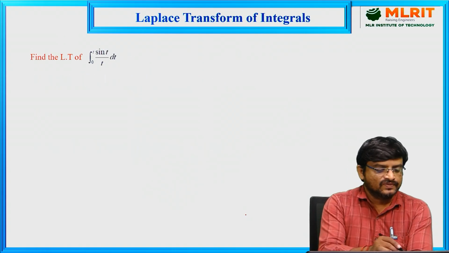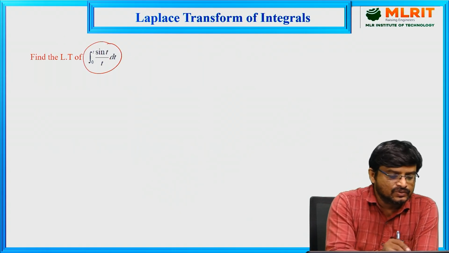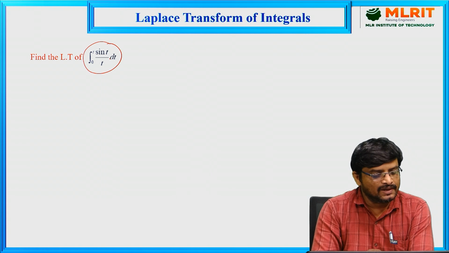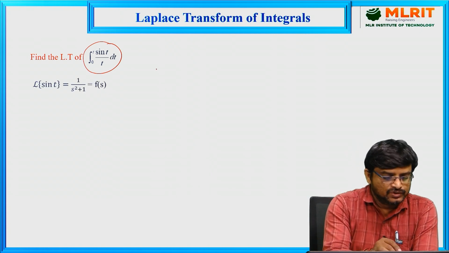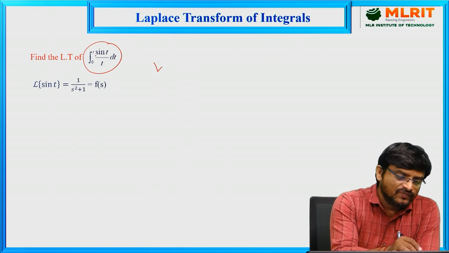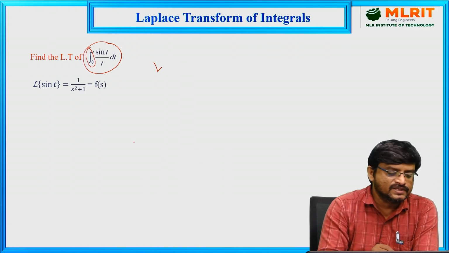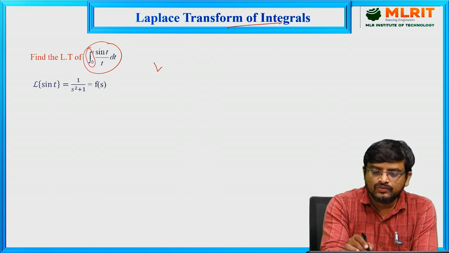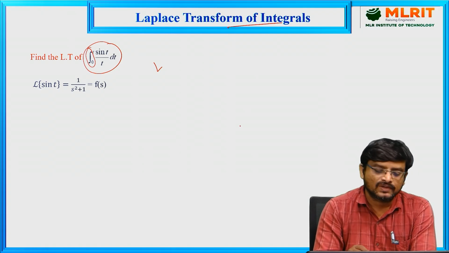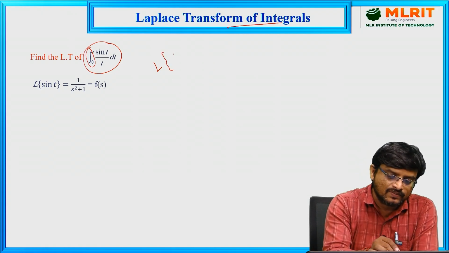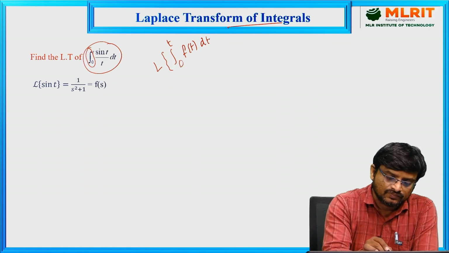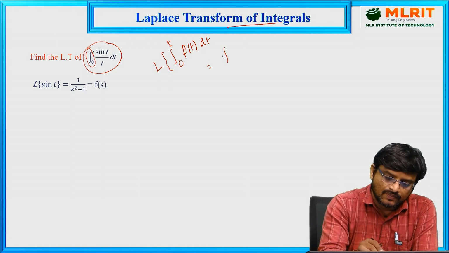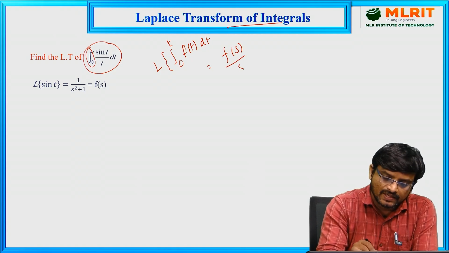Okay, now by using this formula we will see how to find the Laplace transform of integrals. This is the function given: integral 0 to t of sin t by t dt. Once we have an integral of the form 0 to t, by default we go for the Laplace transform of integral formula. What is our standard formula? The Laplace transform of integral 0 to t f of t dt is equal to f bar of s by s.